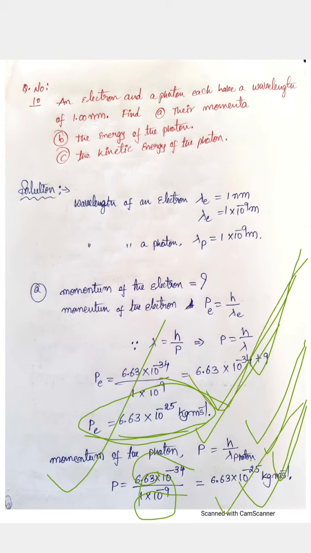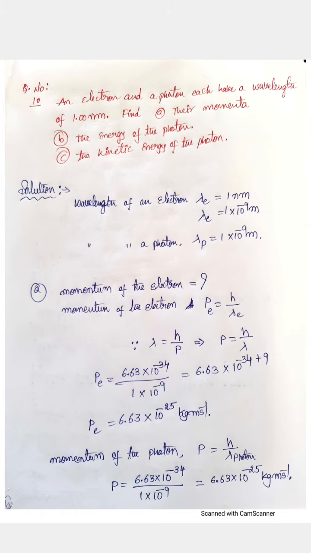Momentum of the photon is equal to 6.63 into 10 to the power minus 25. Momentum of the electron is also equal to 6.63 into 10 to the power minus 25. Now A is over.